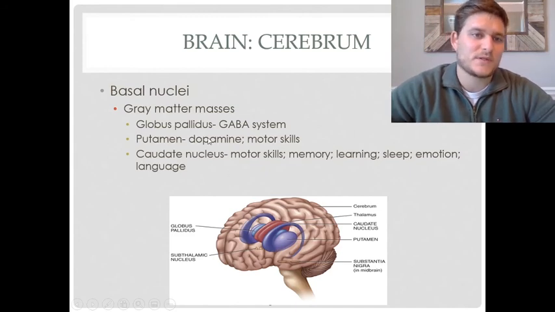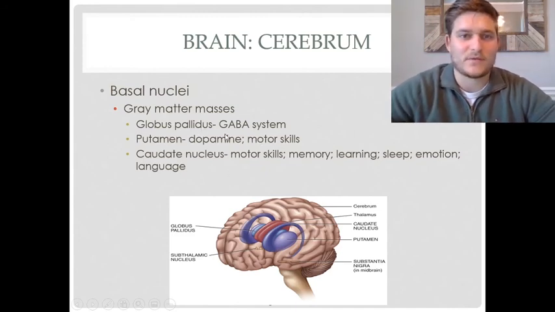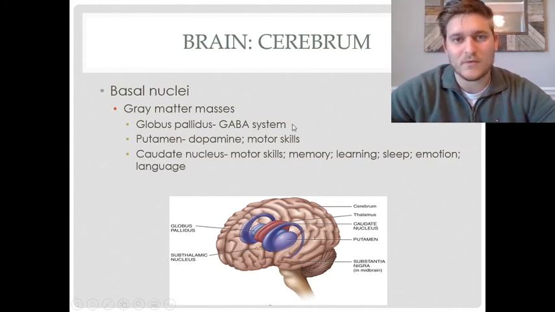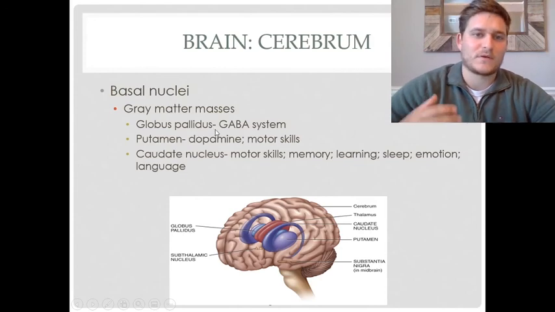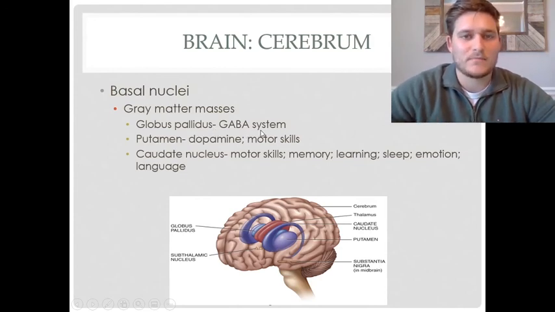But certain sections of the basal ganglia also deal with other things, such as the GABA system, which is an inhibitory neurotransmitter. So it plays a role in calming down certain neurons when they are active.